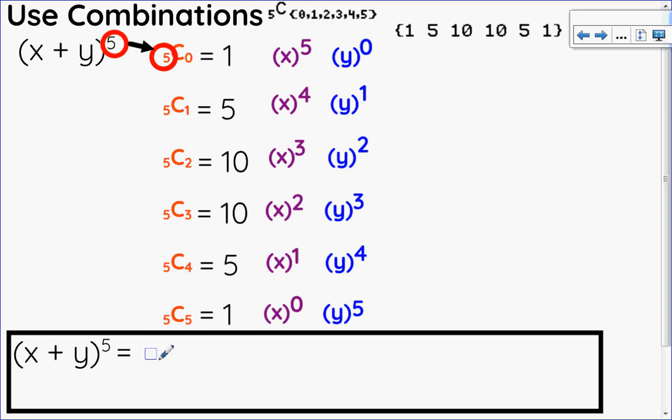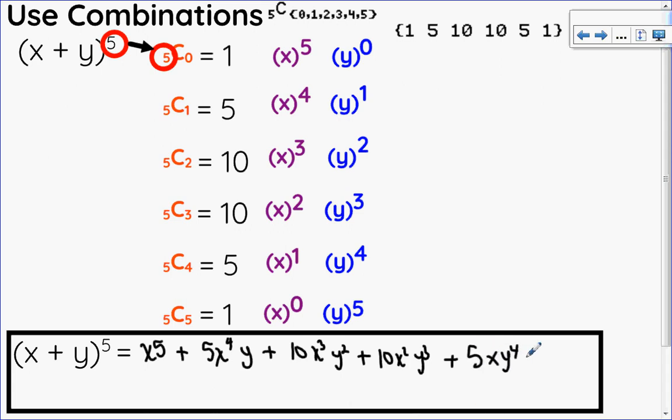So I have 1 times x to the 5 times y to the 0, which is 1, plus 5x to the 4 y, plus 10x cubed y squared, plus 10x squared y cubed, plus 5xy to the 4, plus y to the 5. So expand vertically, write your answer horizontally.